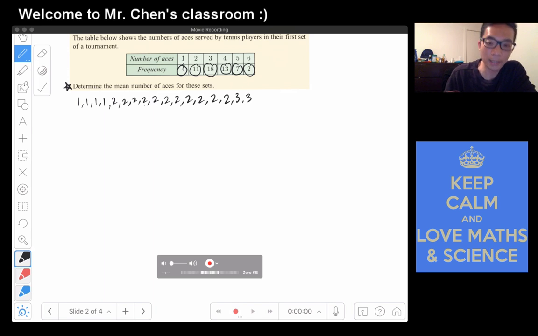So how do you do that? To do that, you just need to add them all up and divide by the number of data. So first we need to find out the frequency, that means the number of data.